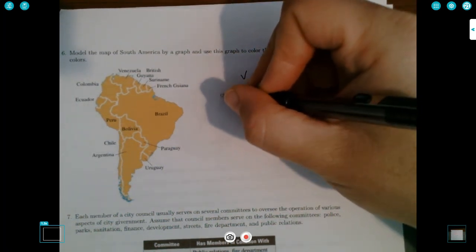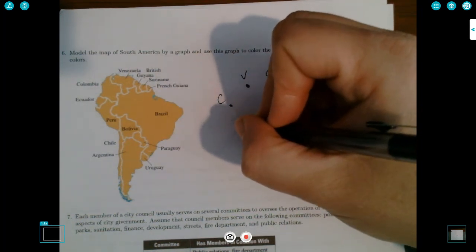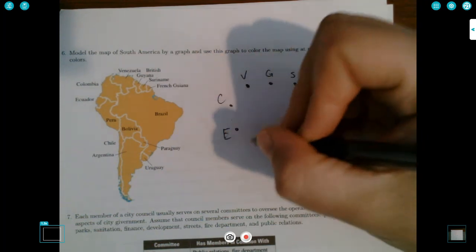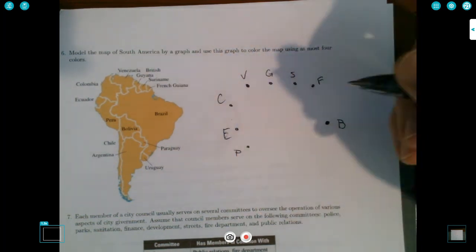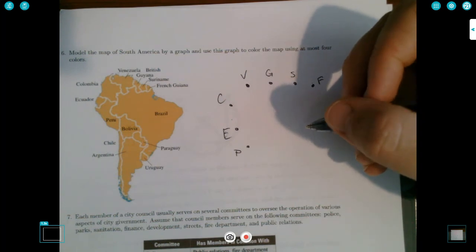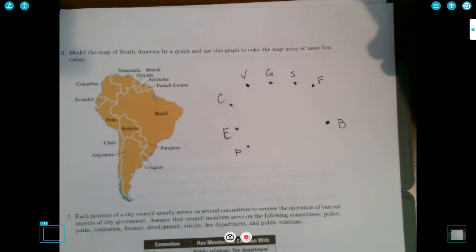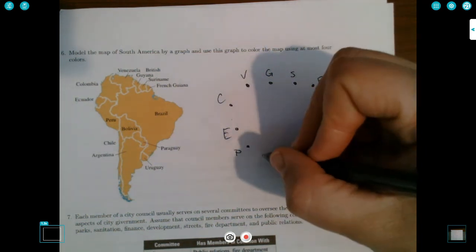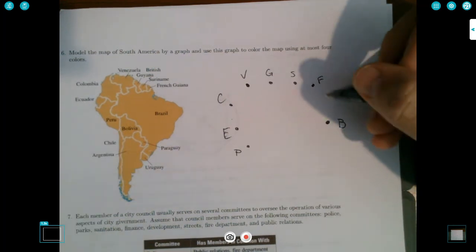Colombia. Ecuador. Peru. Oh, and I guess Chile, right? So Brazil also doesn't border Chile, right? Peru, Bolivia. Oh, I've already used B for Brazil.